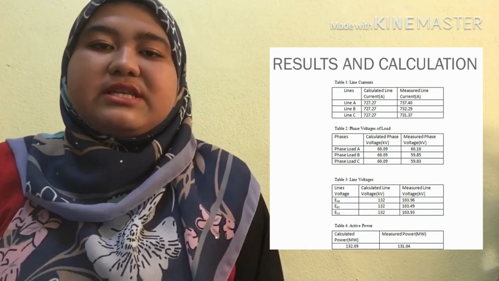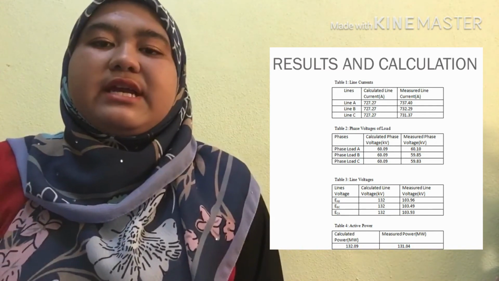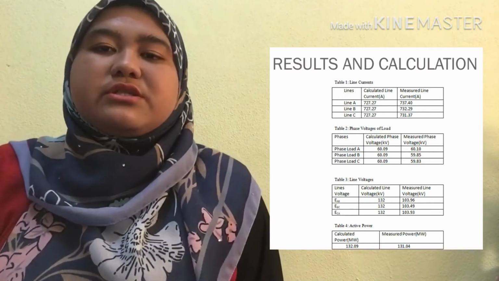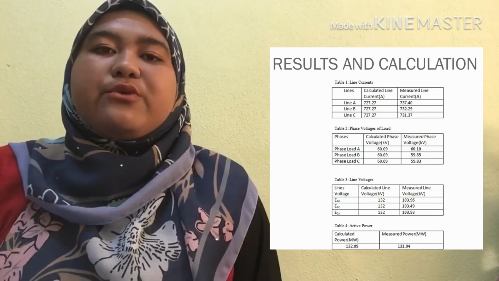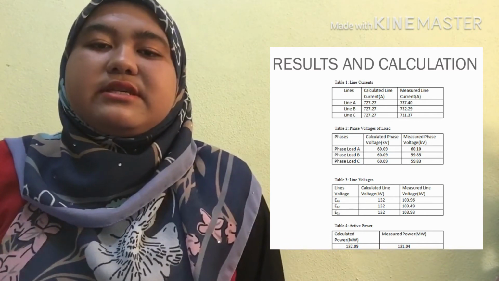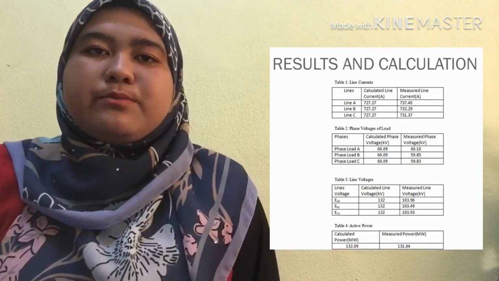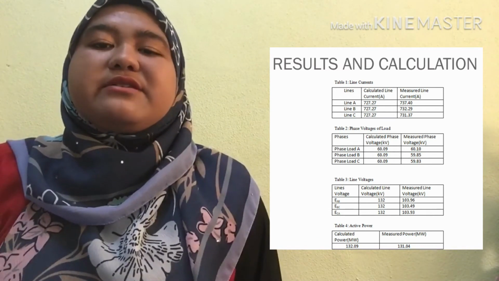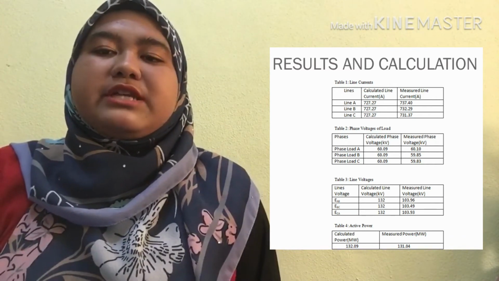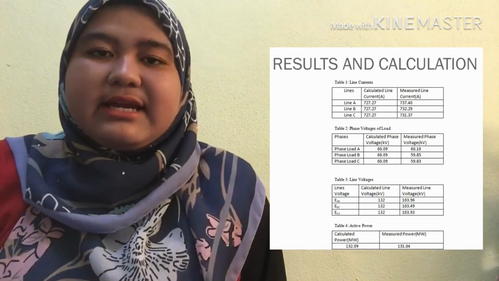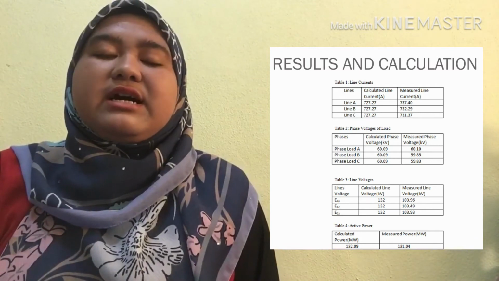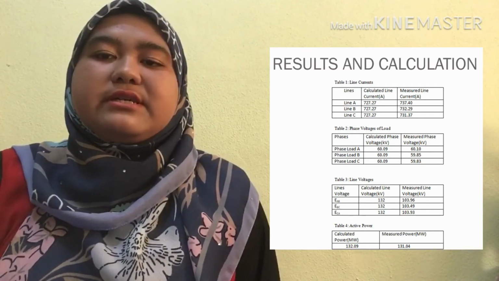From the observations, the value of measured active power is lower than the value of calculated active power, where the measured value is 131.04 megawatt, while the calculated value is 132.09 megawatt.